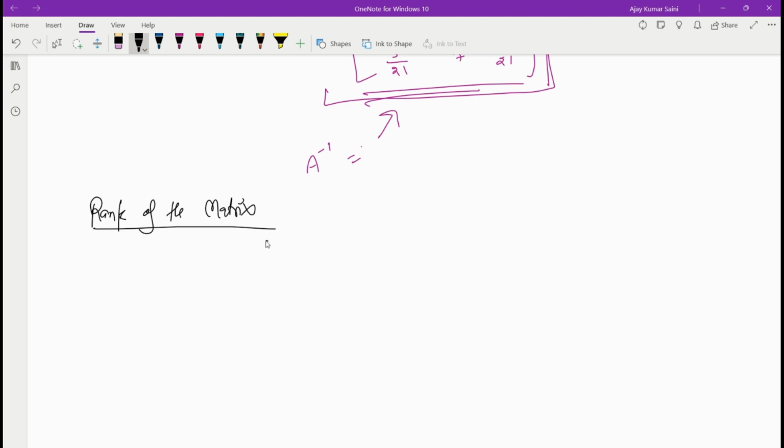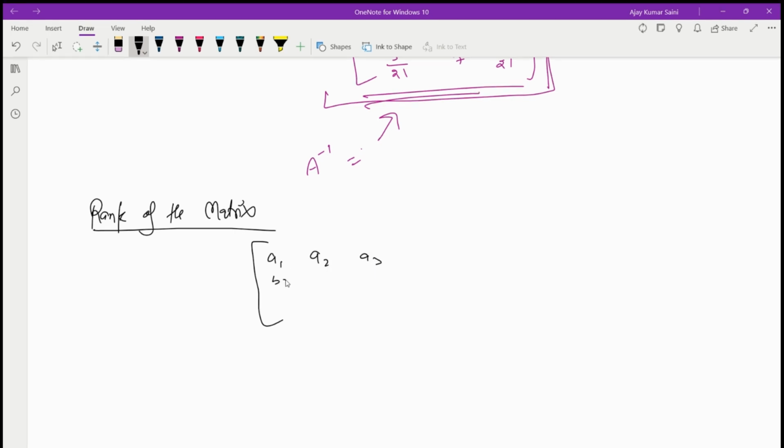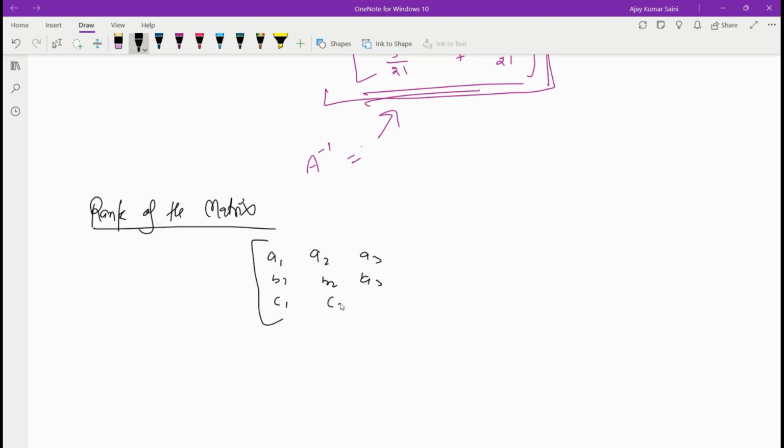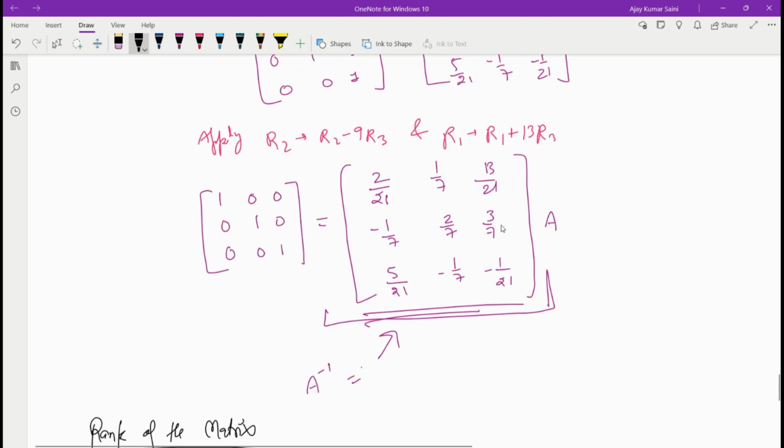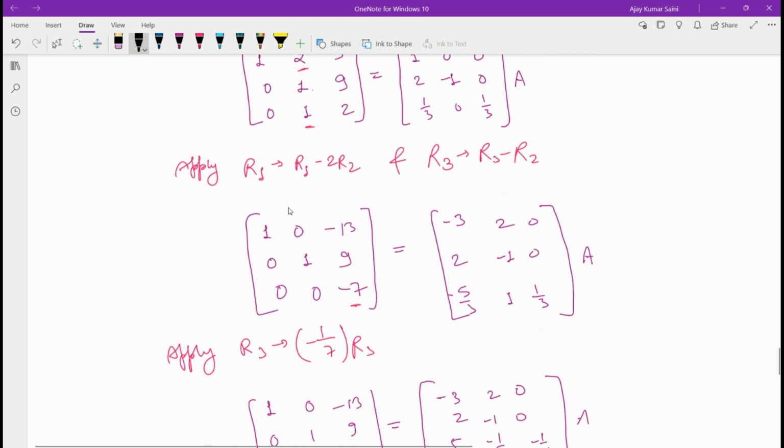Say there is a matrix with rows a1, a2, a3, b1, b2, b3, c1, c2, c3. It is a 3 by 3 matrix, or in general any matrix of order m by n. First we need to reduce this matrix by elimination.